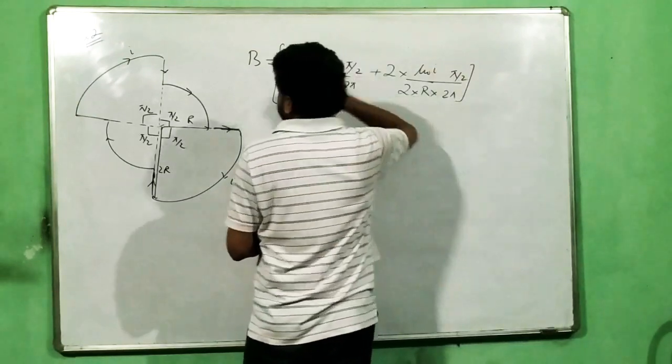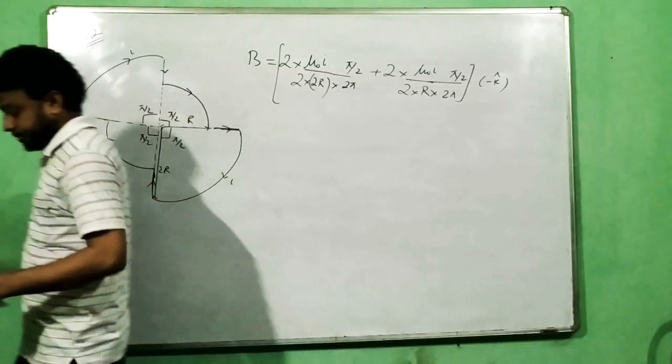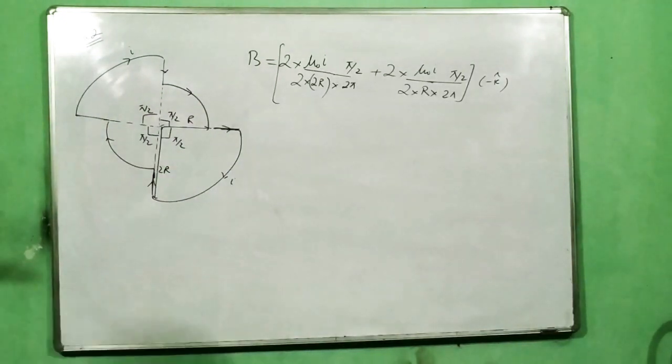Since the current is clockwise, direction will be minus k cap. These two are very popular questions found in almost every book.